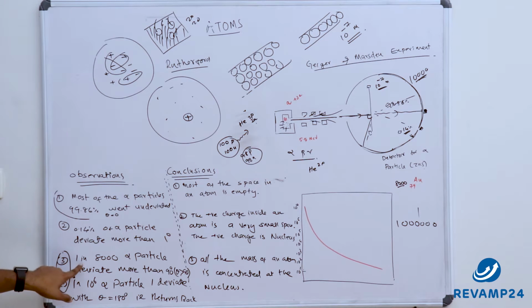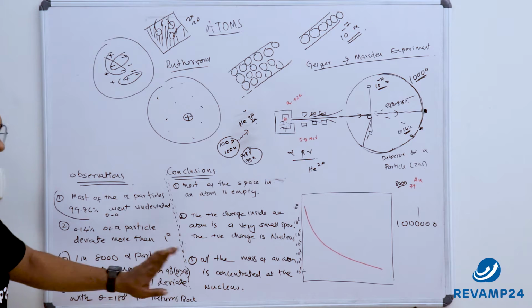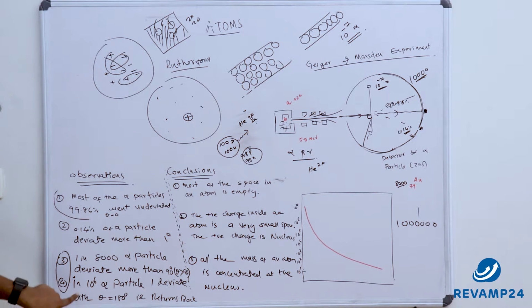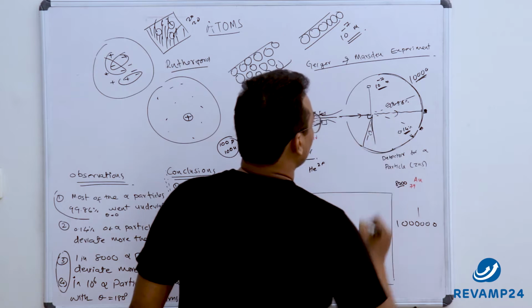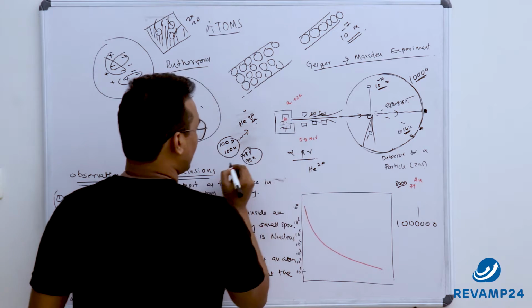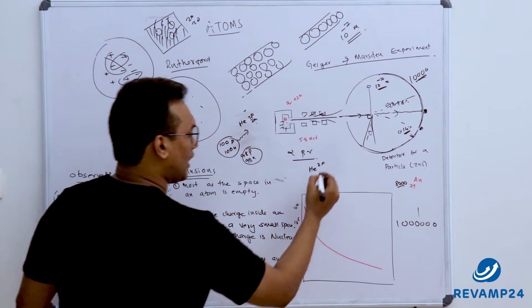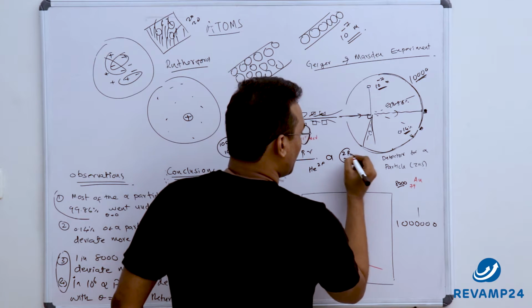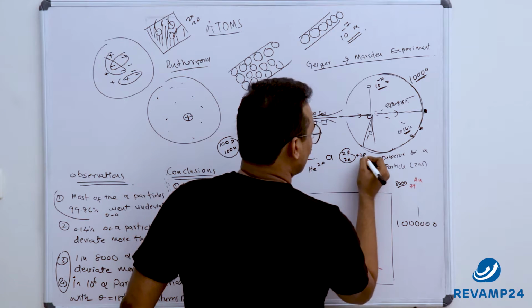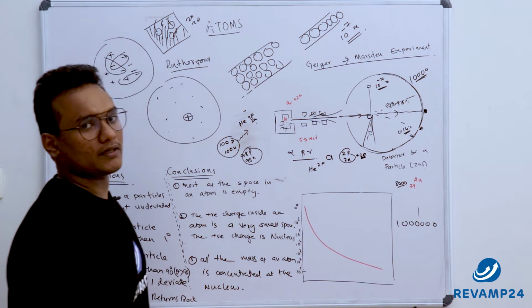What are those? 1 in 8,000 alpha particles deviate more than 90 degrees, and 1 in 10 to the power 6 alpha particles deviated with an angle of 180 degrees. What does that mean? We know that alpha particles have a positive charge. Why? An alpha particle is 2 protons and 2 neutrons. So 2 protons, plus 2e, is the charge of the alpha particle.